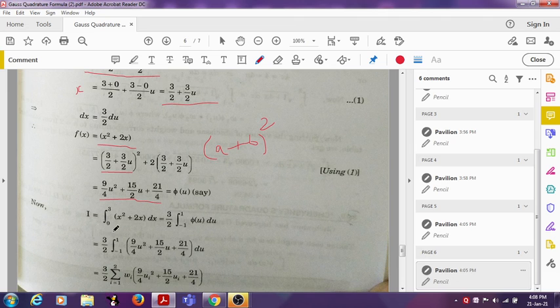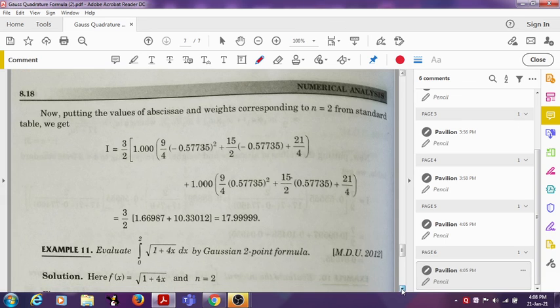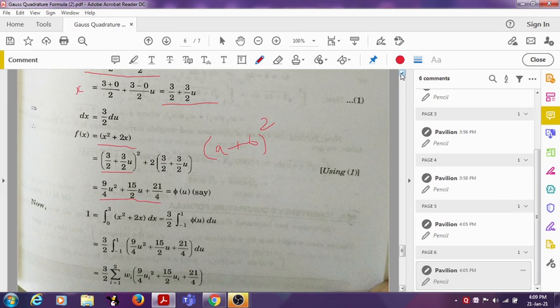What was the integral? Integral 0 to 3 of x square plus 2x dx. So we substitute the values in terms of u. Now it becomes 3/2 integral from minus 1 to 1 of phi of u du. We again substitute the value of phi of u in this equation, and now we write in summation form. Here we have used n equal to 2, so i varies from 1 to 2, wi into 9/4 ui square plus 15/2 ui plus 21/4.